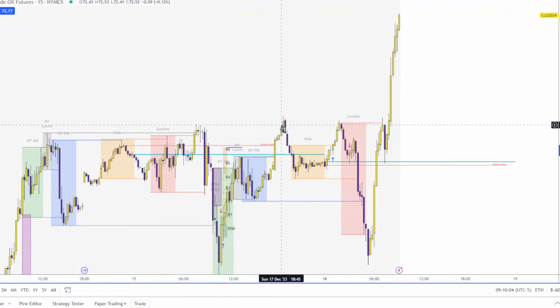That's the objective I looked at, which is the mitigation block, because it does not break this old low here. That little piece of fair value gap, the bottom of the order block, or even the mean threshold would have been fine. Aiming for the higher rejection block right at the top there was right on the money.